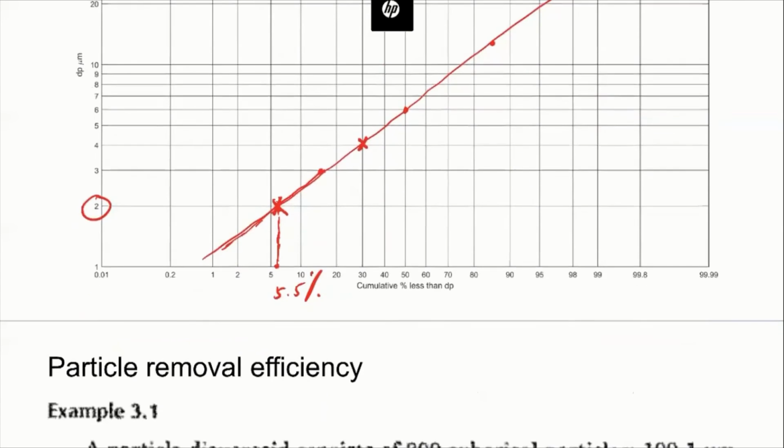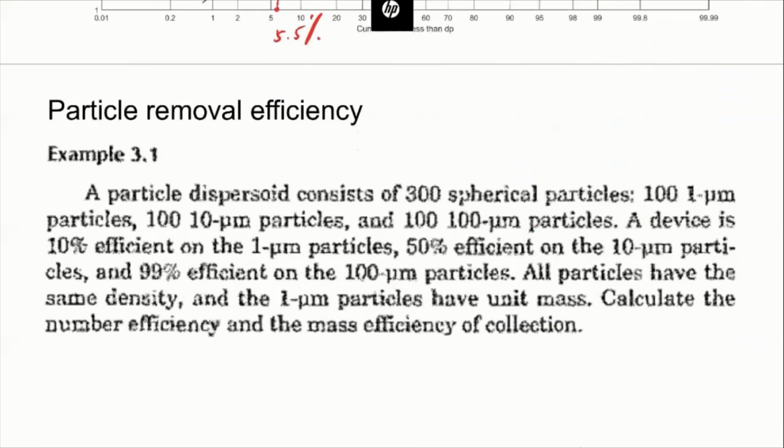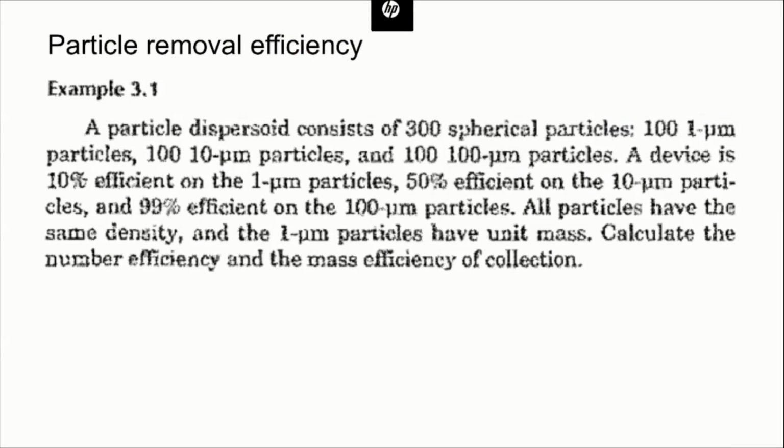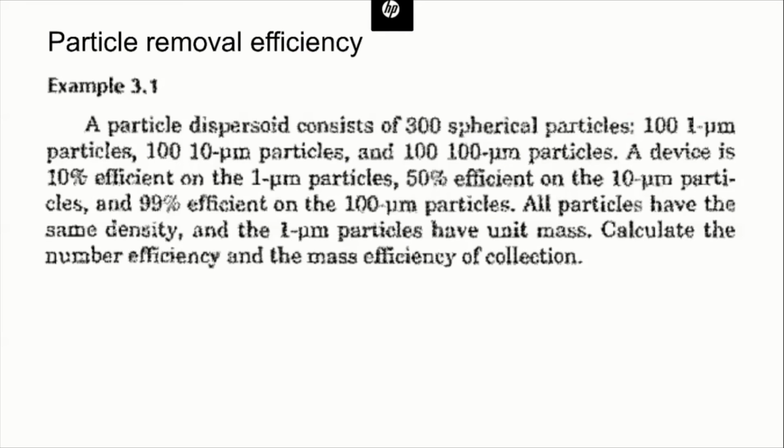At the end of this class, I also want to go through the calculation of the particle removal efficiency. In this class, we're going to talk a lot about PM control or gas pollutant control, the pollution control methods.